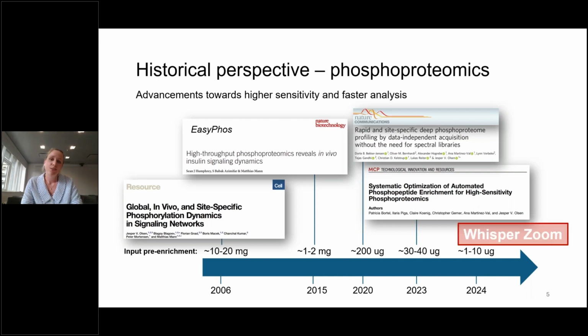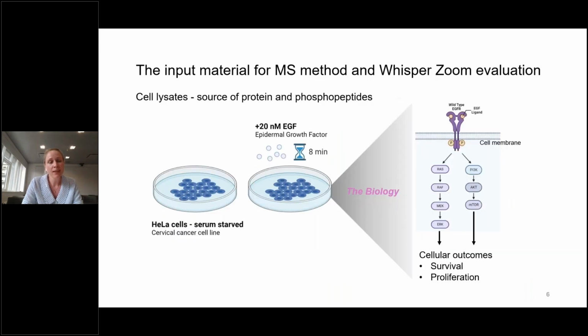And with this presentation today, I hope I can convince you that we can go even further down in input amount with the new Whisper Zoom methods. So for sure, with time, we have higher sensitivity and we have improved more than 1,000-fold in the input material needed for very good numbers.